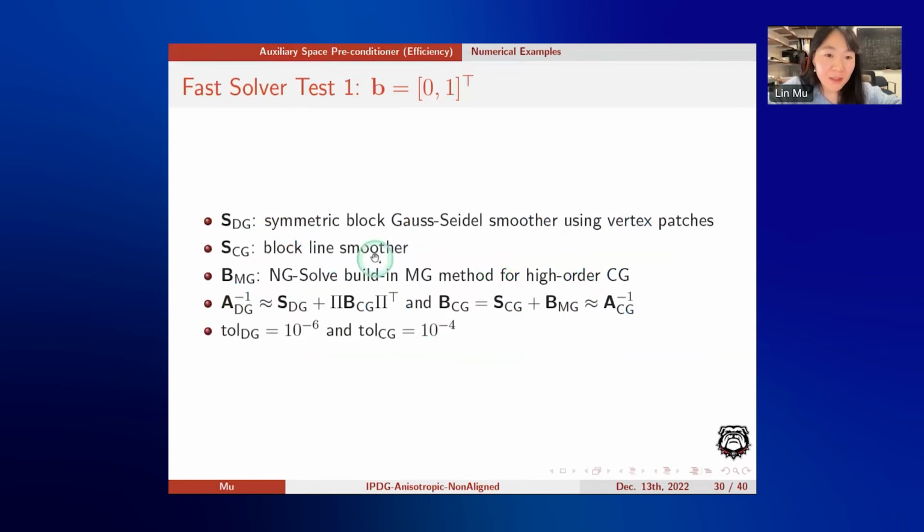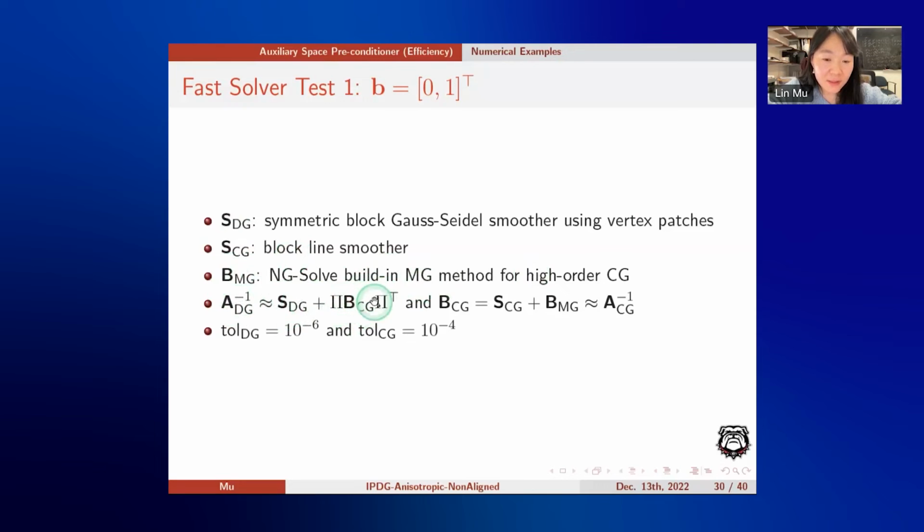Okay, now let's do some tests. For the DG method, we'll use the Gauss-Seidel smoother. And for the CG method, we'll use this constructed block line smoother. And we'll use multigrid for the high order CG preconditioner. Then our preconditioner for our problem is formed from the smoother for DG and a part for the CG method.